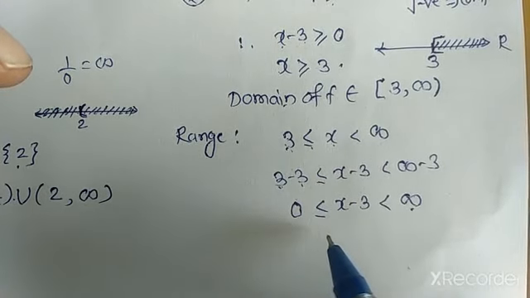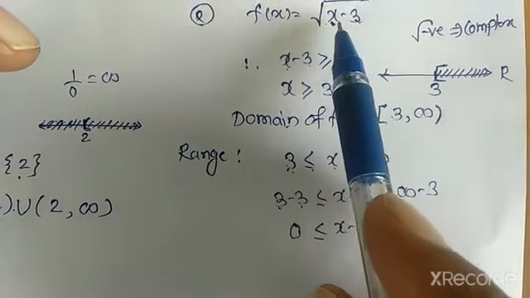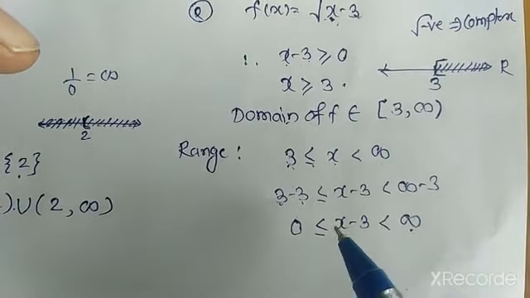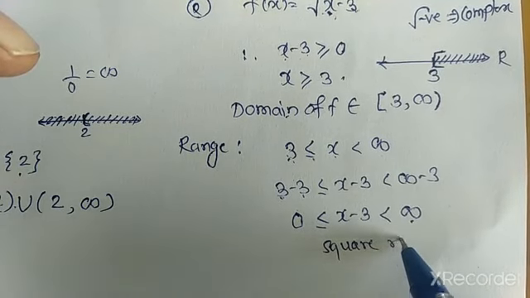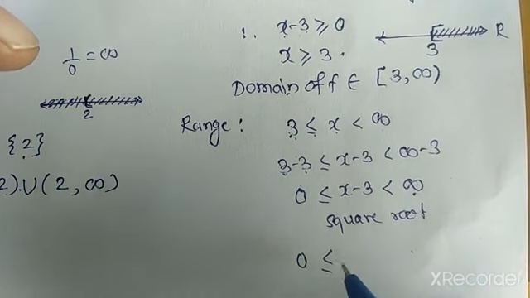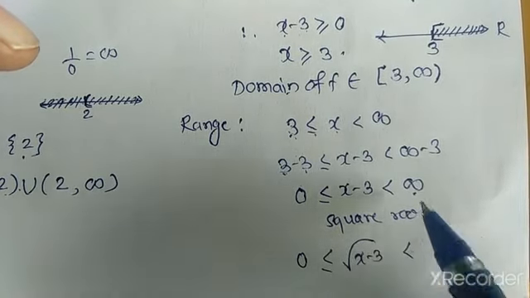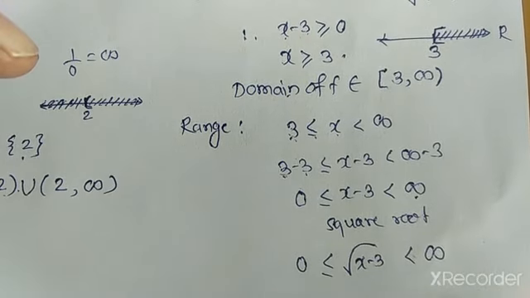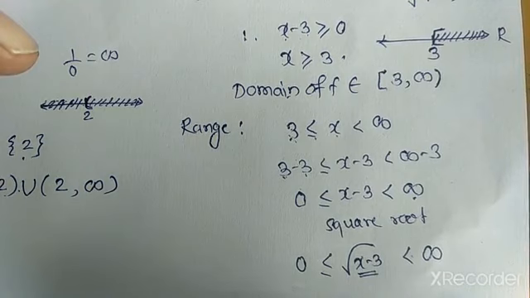Now we take the square root, since we are finding the function f of x. Taking the square root, we get the square root of 0 is 0, the sign remains as it is, square root of x minus 3, and square root of infinity is again infinity. So 0 less than or equal to f of x less than infinity.